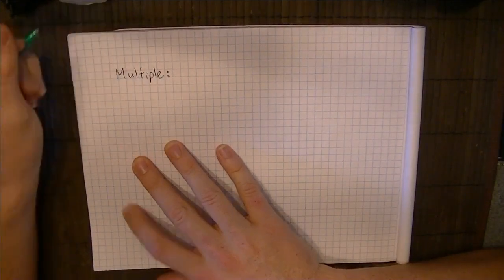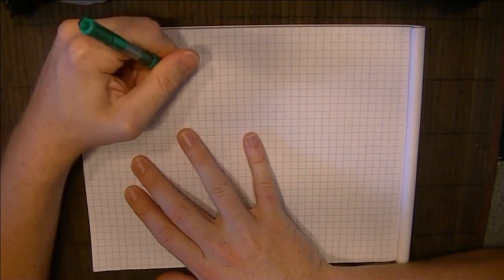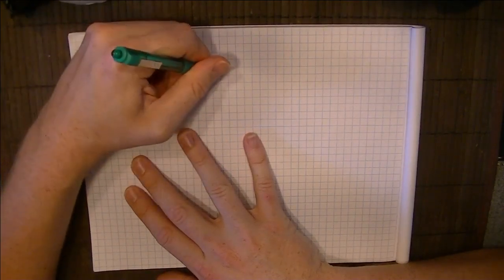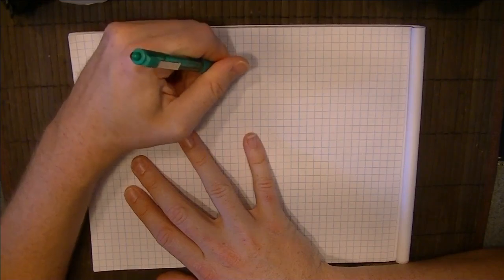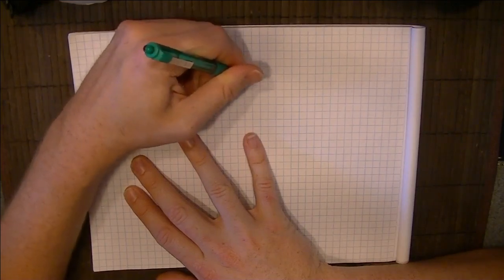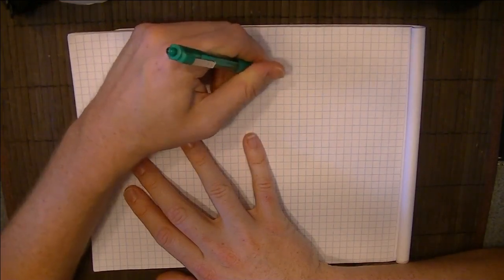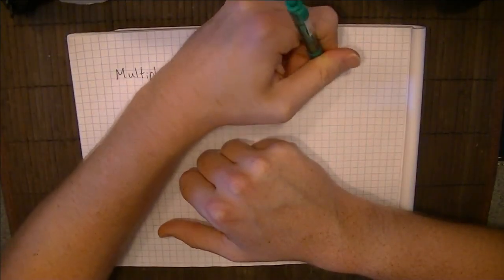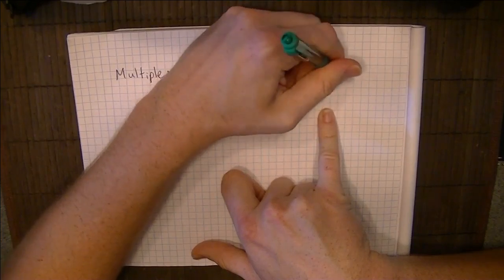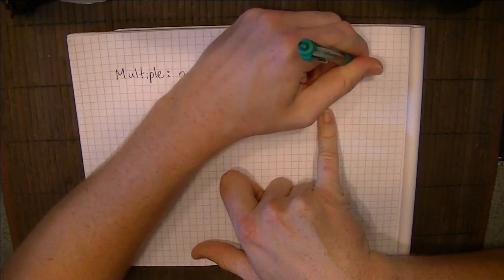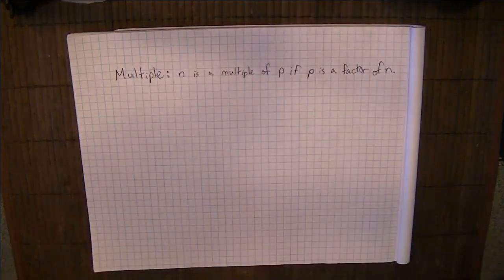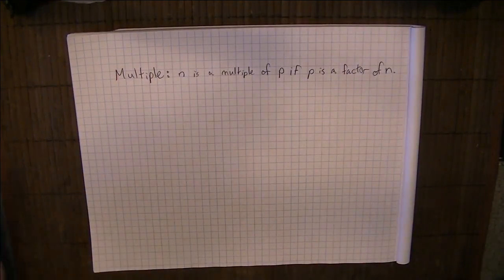So a multiple, let's say we call the number n. n is a multiple of some other number p if p is a factor of n. So if p is a factor of n, then we can just turn it around and say, well, n is a multiple of p.